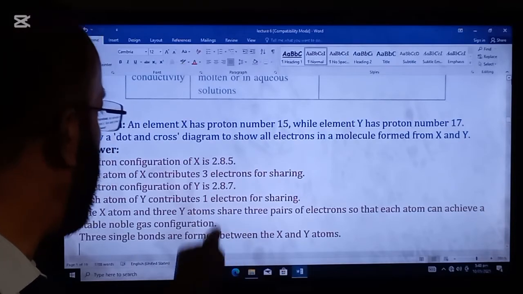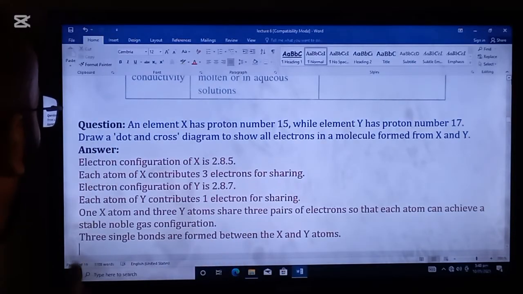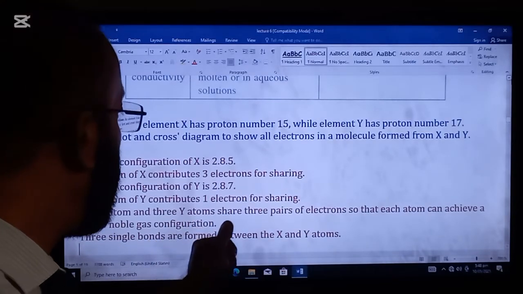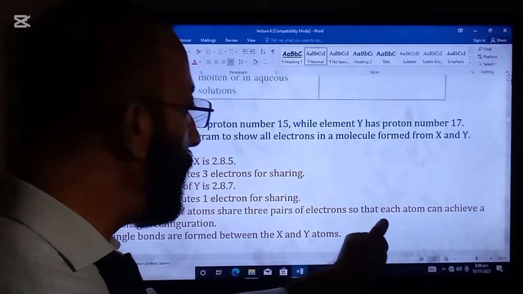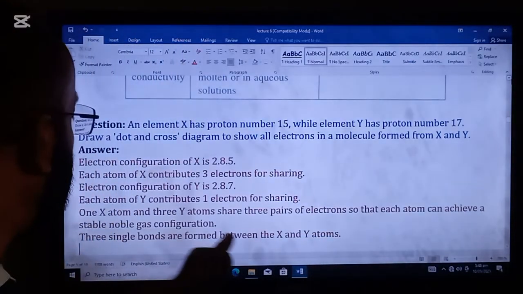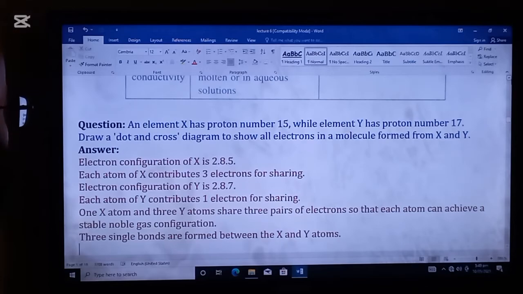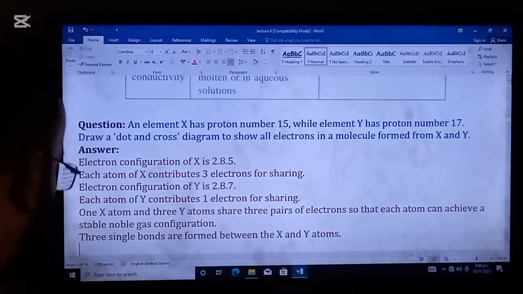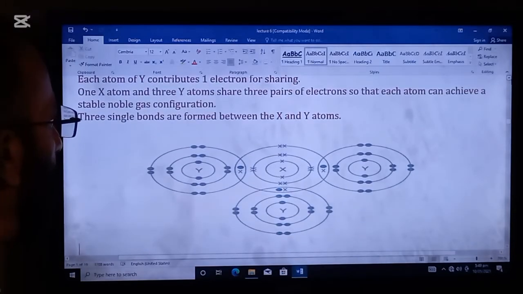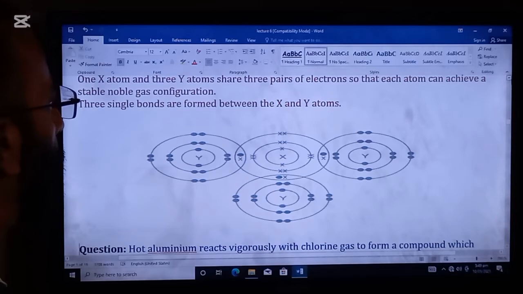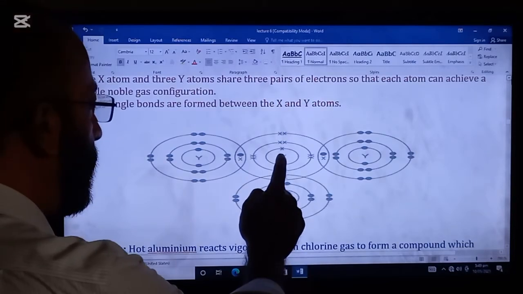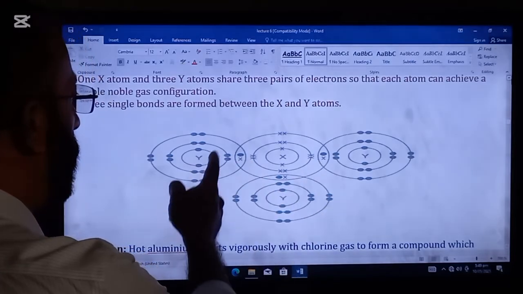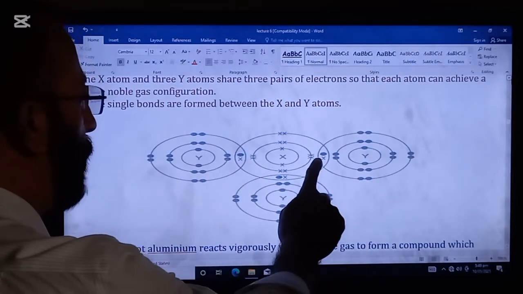This can be seen from here. 1 X atom and 3 Y atoms share 3 pairs of electrons so that each atom can achieve a stable noble gas configuration. 3 single bonds are formed between X and Y. And here is the diagram, because element X is going to share 3 electrons and each Y is going to share 1 electron.